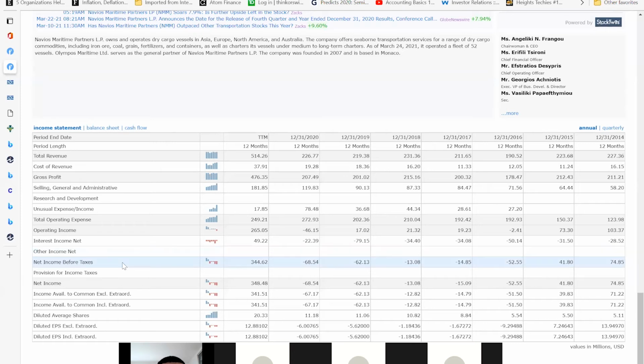We have to look at their quarterly report to see what's going on, right? Because once again, gross profit is one level of profitability. Operating income is another level of profitability. And you see as you have your profitability, then you have expenses.